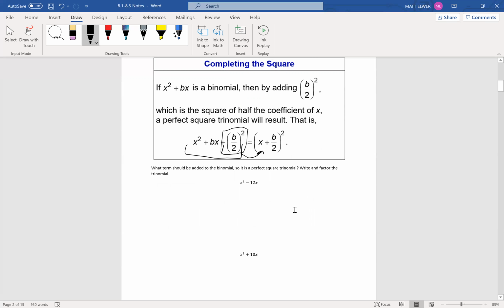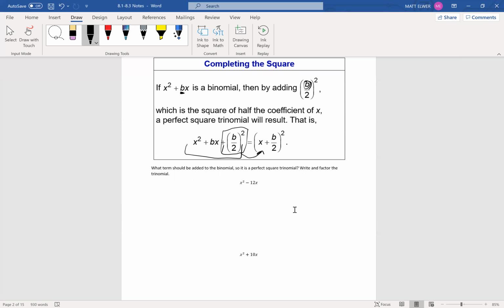This one says, what term should be added to each of the binomials so that the perfect square is a trinomial? So we get a perfect square trinomial. And then it says write and factor the trinomial. So notice this b here lines up with the b in front of just the x term.